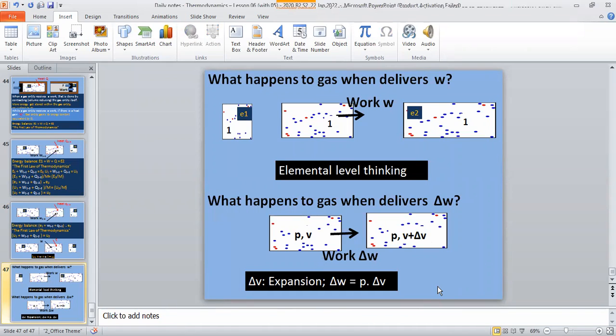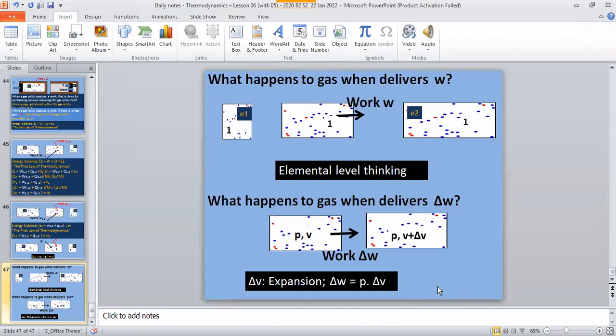It means expansion times pressure becomes the work done. Expansion times pressure becomes work done. Understand? Expansion times pressure.